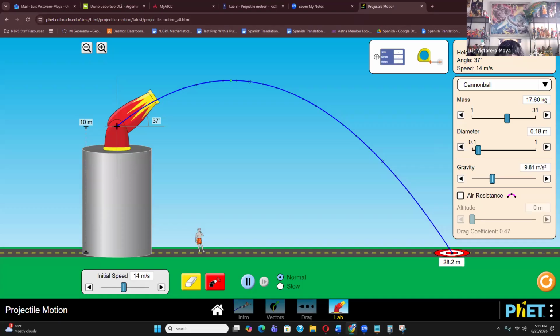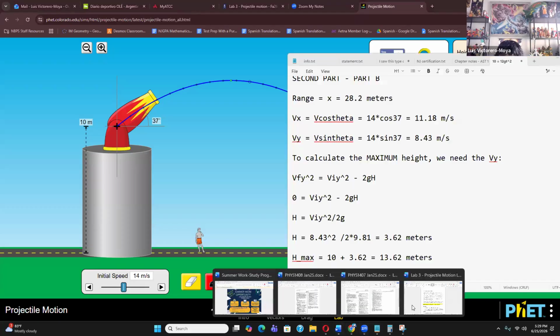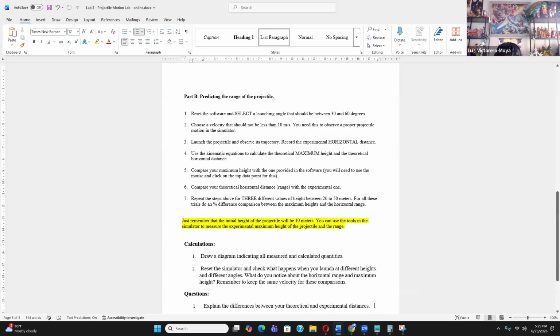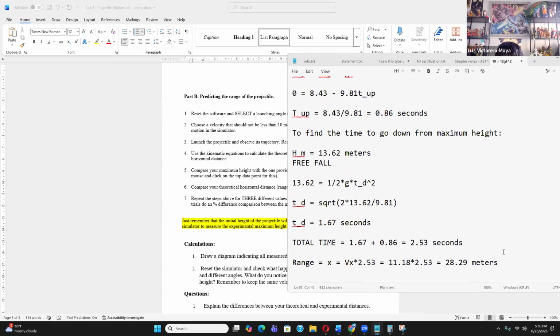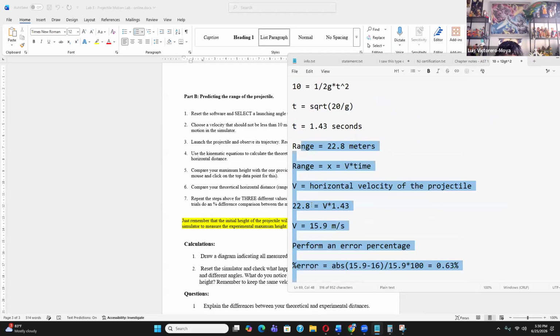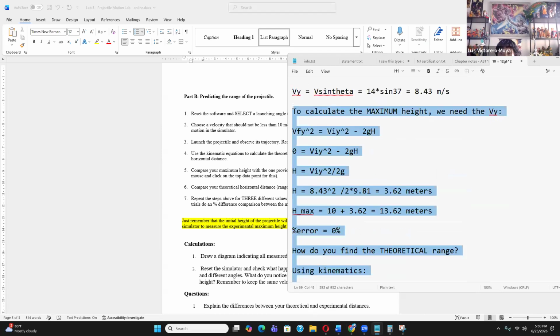All right? It says here that you have to do it 3 different times. If you do it at least twice, that's good. So for part B, I would say you want to show all this.